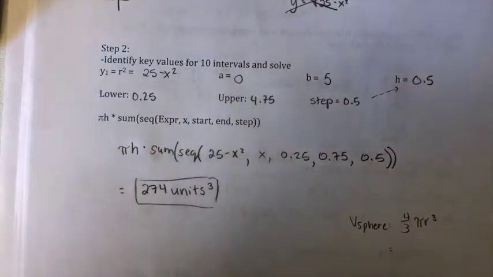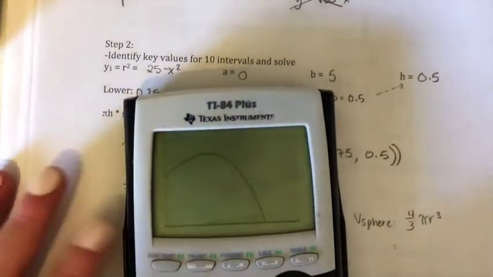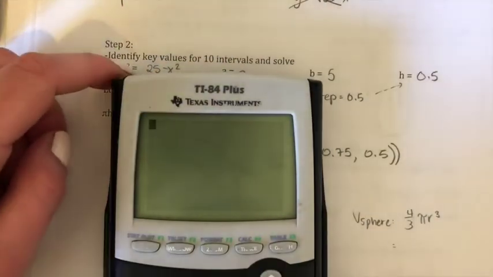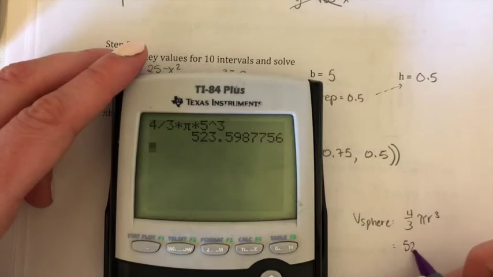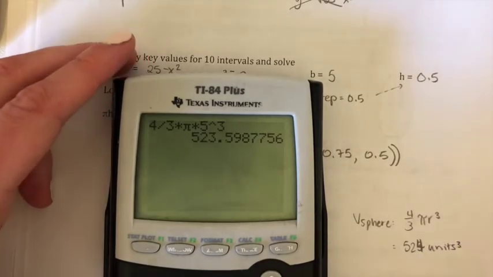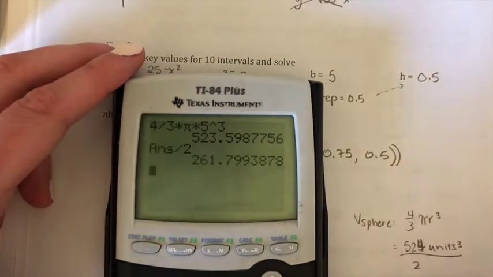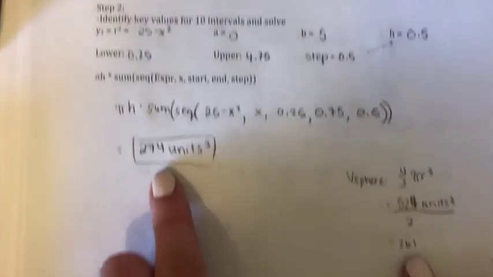So if we plugged that in, 4 divided by 3 times pi times 5 cubed, we get 523.5, so whatever, 524 units cubed. So that's a sphere. Divide that by 2, and we get 261. So we're decently close there.